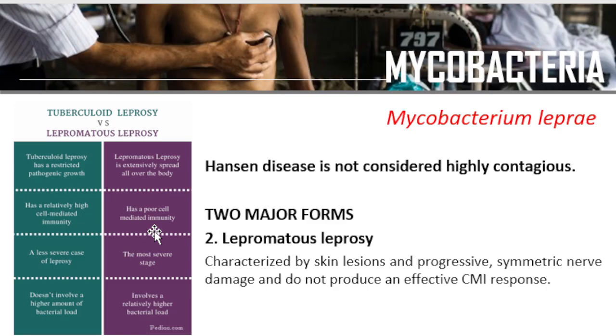It involves a relatively higher bacterial load. So lepromatous leprosy has skin lesions, and the lesion is progressive. Then symmetric nerve damage also occurs, and it does not produce an effective cell-mediated immunity response. So the patient with lepromatous leprosy is in a pitiful state.